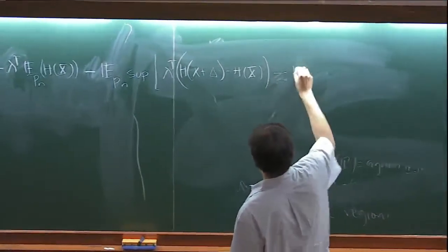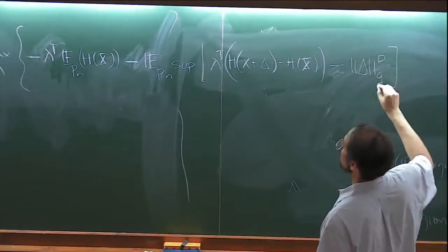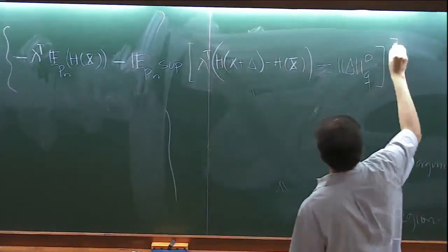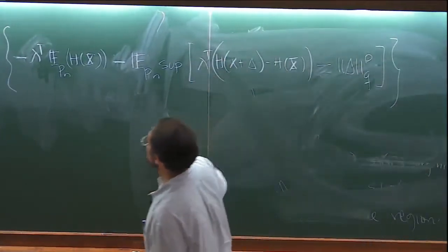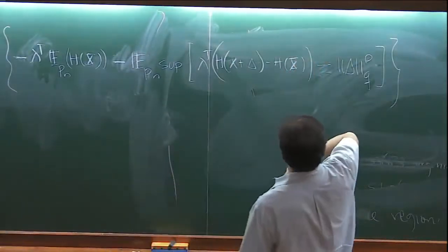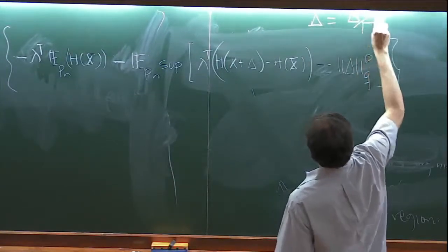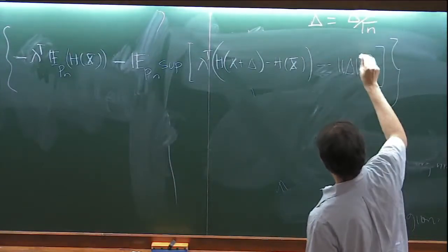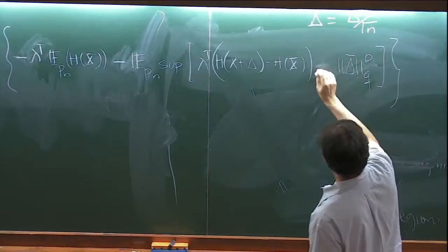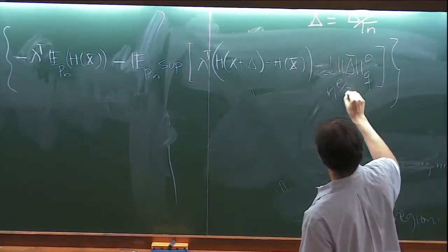minus delta q to the power rho. Okay, so now I'm ready to do what I said. I'm going to introduce delta bar equal to delta divided by root n. So I'm going to get this delta here minus 1 over n to the power rho divided by 2.